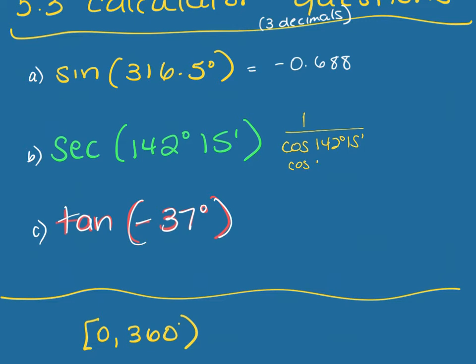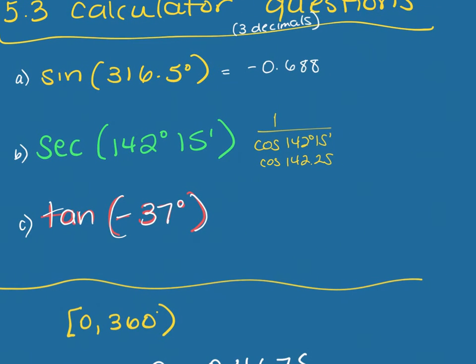So this is the same thing as 1 over cosine of 142.25. Negative 1.265. If it was cotangent, I would do 1 over tangent. If it was cosecant, I'd do 1 over sine.